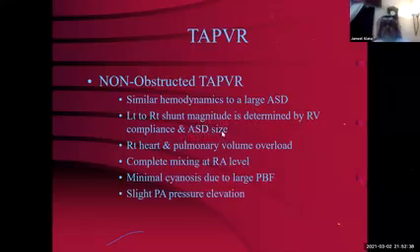How much goes to the left, how much goes to the right. RV compliance good, pulmonary vascular resistance low, then the lungs will see more blood flow. ASD larger, then the left side will see good flow, but it's almost always that the right side will see more flow because of the good compliance and the low PVR.